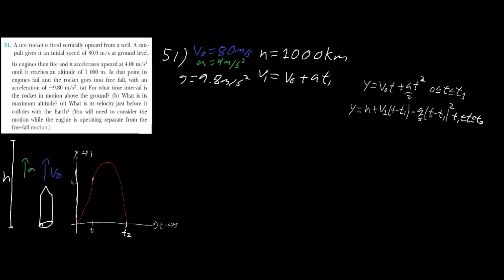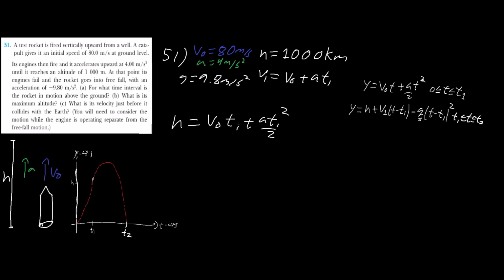So in order to do that, we need the variable t1 here. But we can get that. We're going to use that equation: let the final height be 0 at that point. h = v0 t1 + a t1 squared over 2.